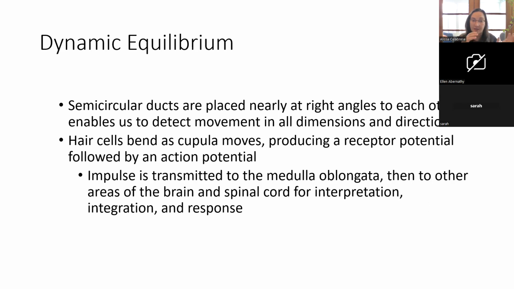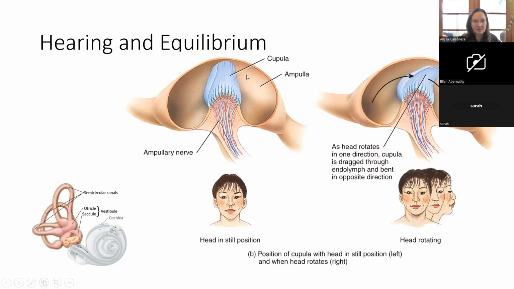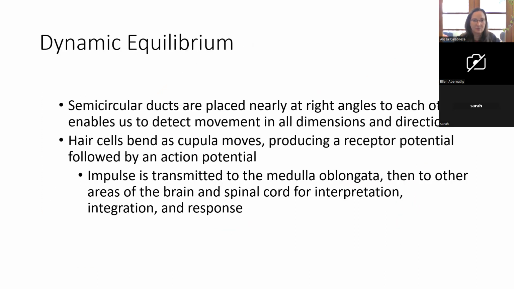So instead of gravity, it's inertia. So as a thing in motion tends to stay in motion, these little structures called cupulas inside those semicircular canals will move as you move, and then there's inertia that's kind of left over. And the interpretation of that is how you figure out where you're moving, right? And how to keep your balance as you're moving.